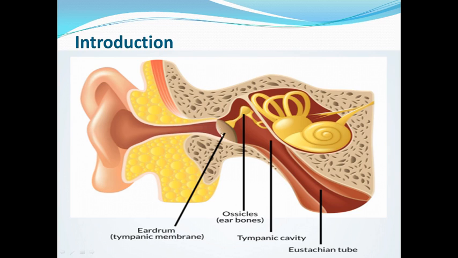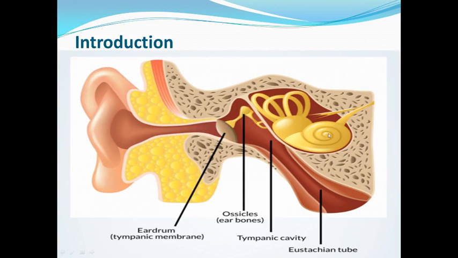This is the boundary which separates the middle ear cavity or the tympanic cavity from the external auditory meatus. Then we have this middle ear cavity, and this is the internal ear or the labyrinth. We'll discuss internal ear separately in a different video lecture.